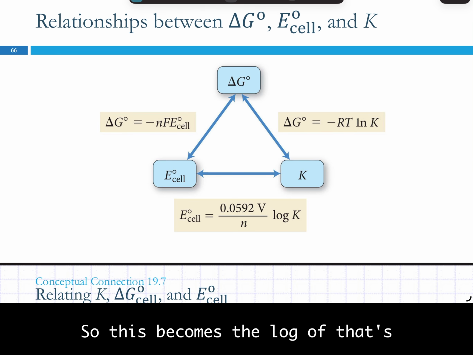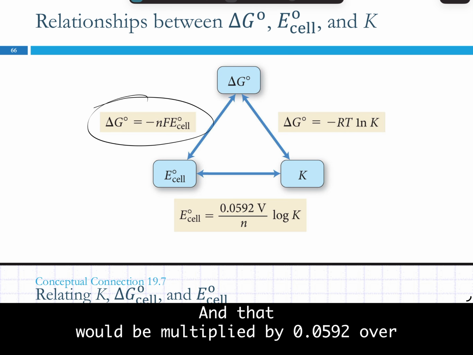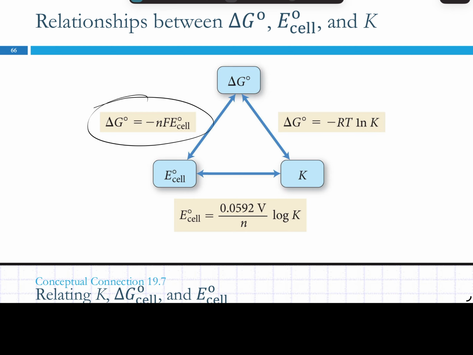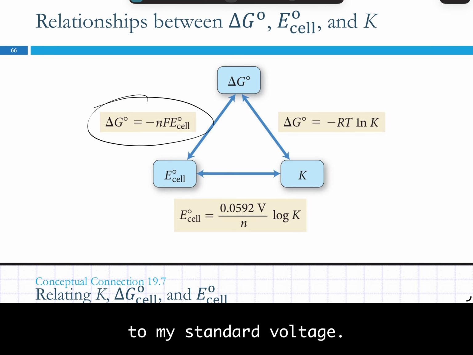So this becomes the log of Q, which is 0.005, which is negative 2.301. And that would be multiplied by 0.0592 over 2 electrons transferred. And so we'd end up adding something to my standard voltage.